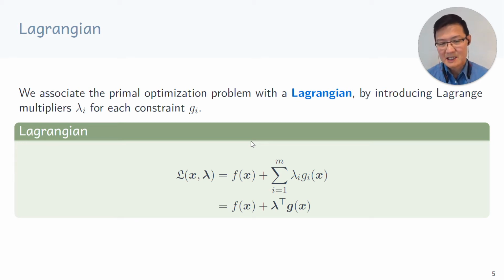Now, instead of adding it in terms of an indicator function, we add it with a weight lambda. These weights lambda are called Lagrange multipliers, and the overall term altogether is called the Lagrangian, as shown on the slide here.